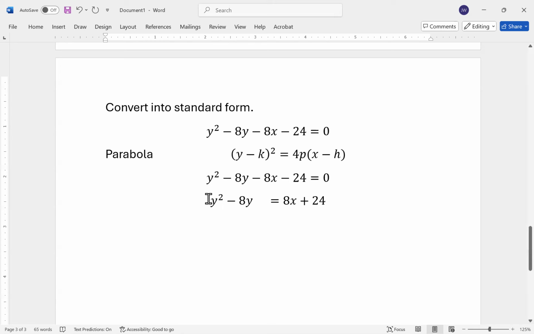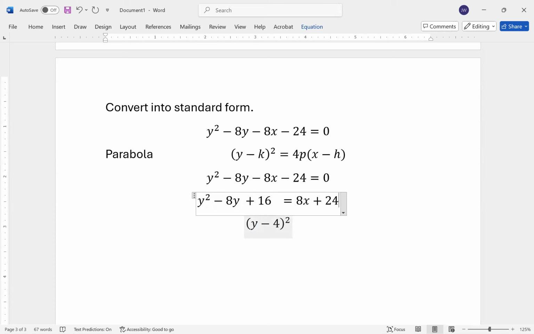Now we lucked out. The coefficient on the y squared was 1, so I can go immediately into my completing the square and taking y minus 4 because -4 is half of -8. When I square -4, -4 times -4 gives me a +16.